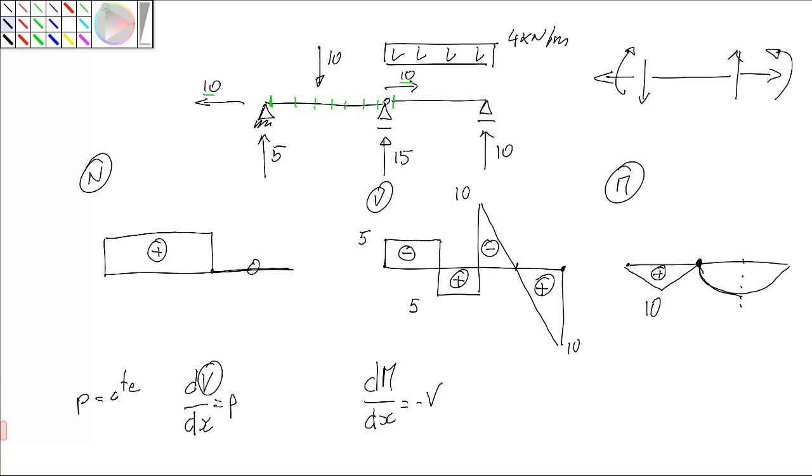This area here is 10 times 2.5 over 2, 12.5, and then between this point and this point it decreases by the area of this triangle, which is equal to the area of the other triangle, so 12.5 ends up in 0, and the diagram is finished.